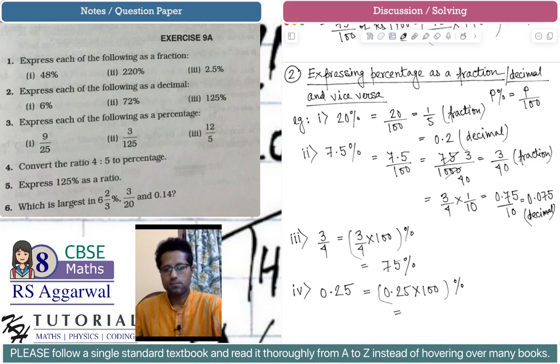This is equal to 25 percentage. So when you express the decimal 0.25 as a percentage, it is 25 percentage. So this was how we express a percentage as a fraction or decimal, and vice versa.